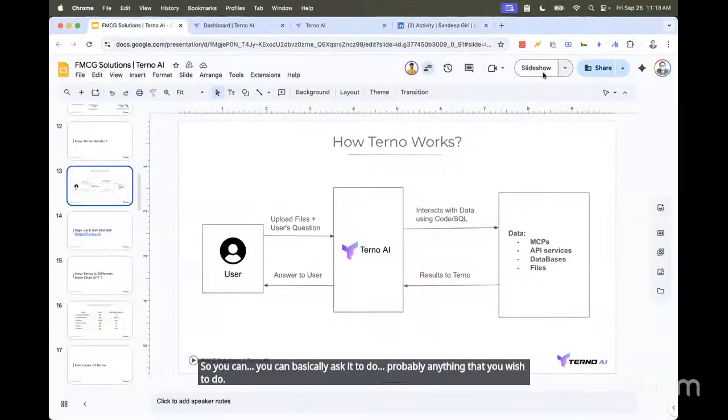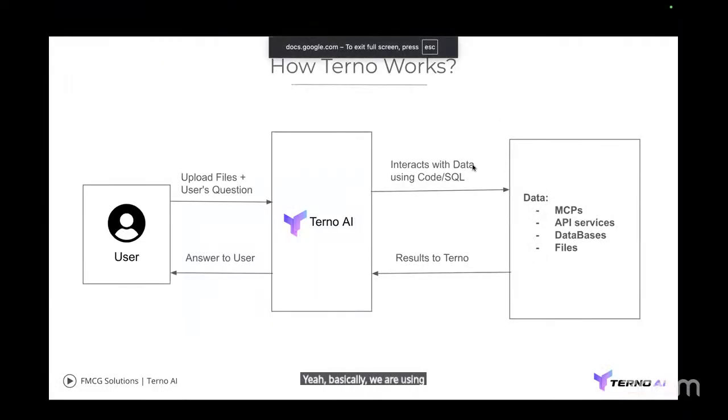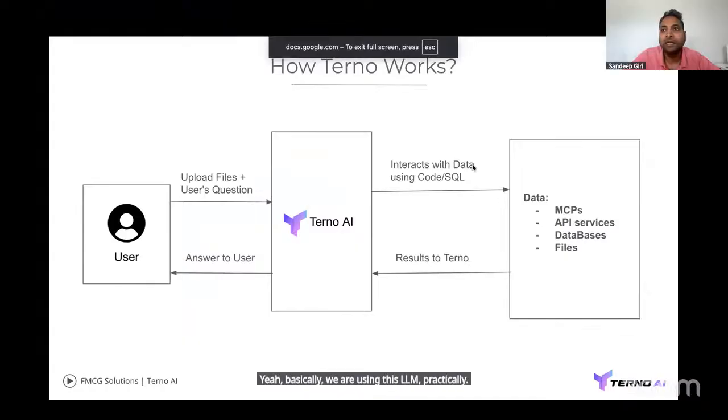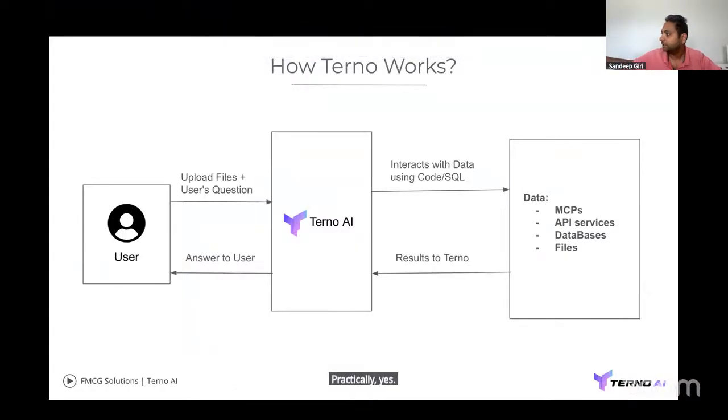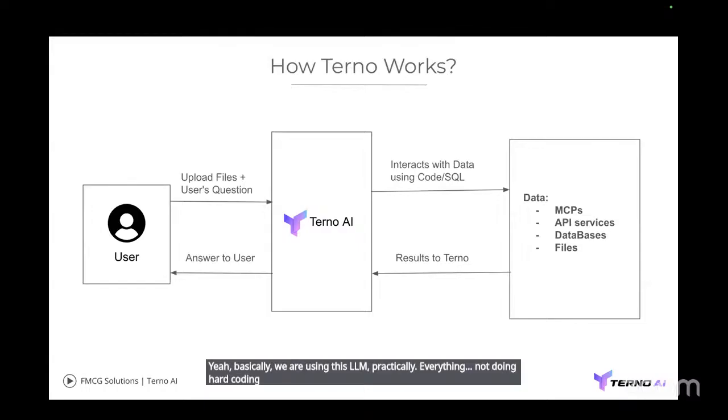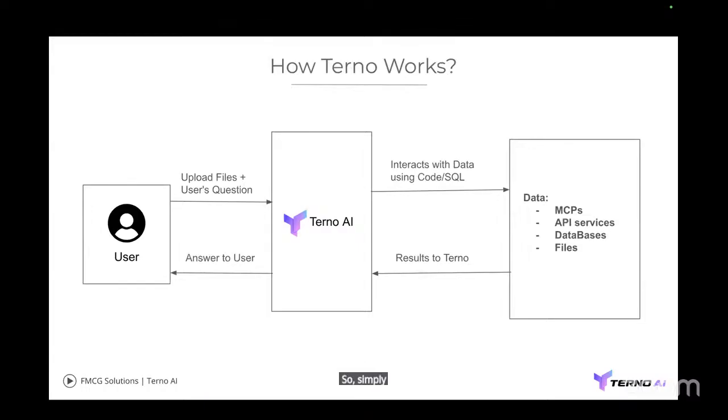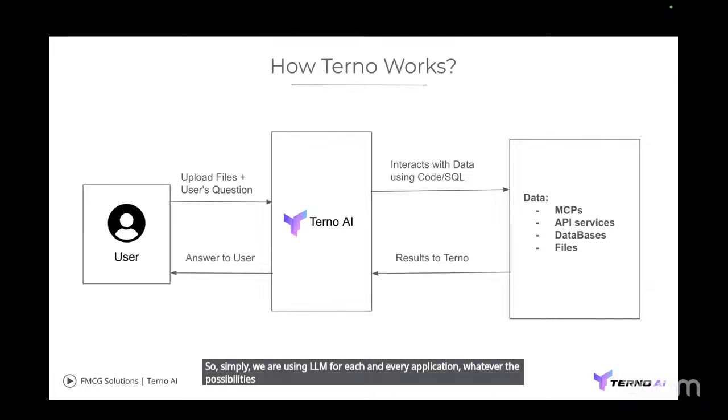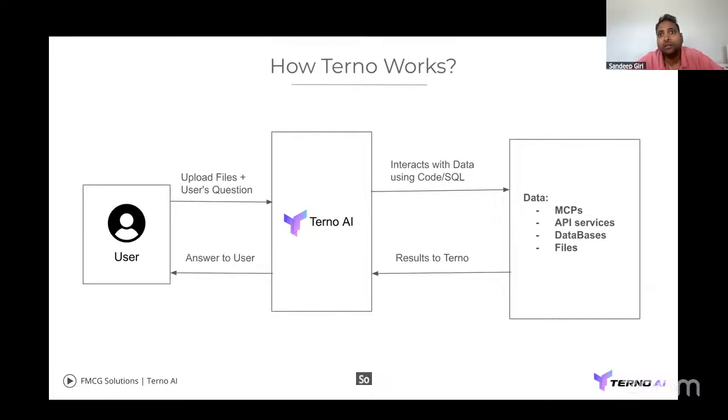Basically, we are using this LLM practically for everything, not doing hard coding? So simply we are using an LLM for each and every application? Instead of just using an LLM, let me give you much more clarity.